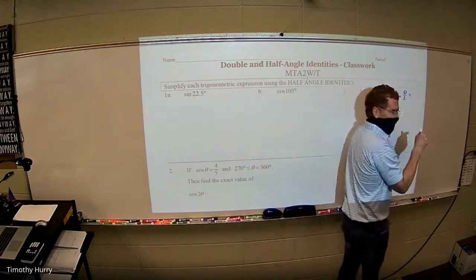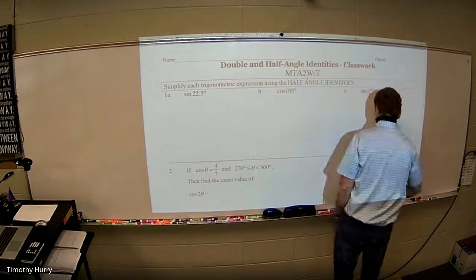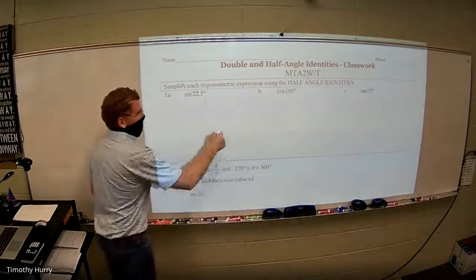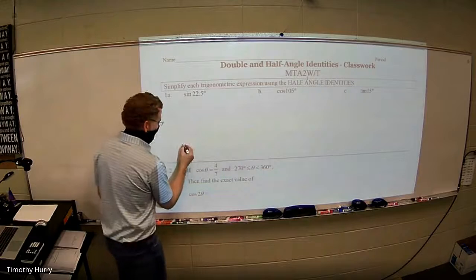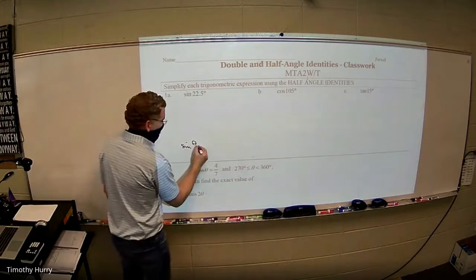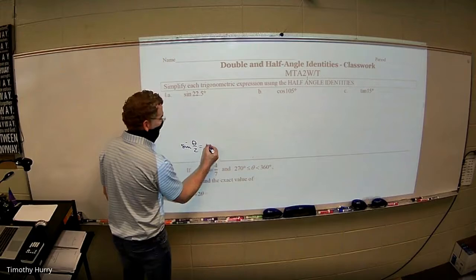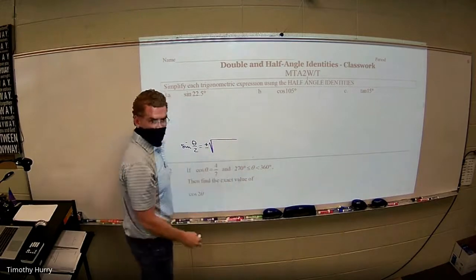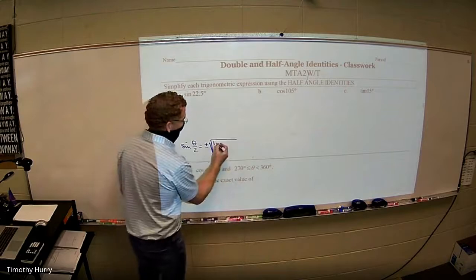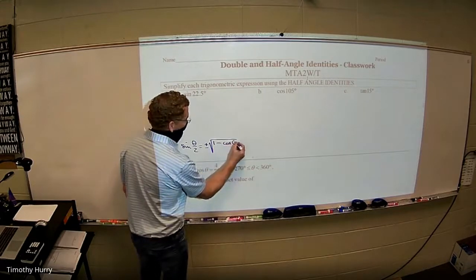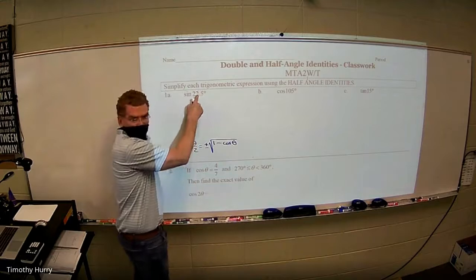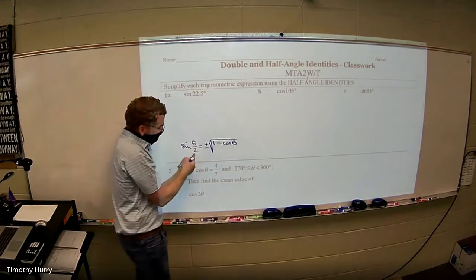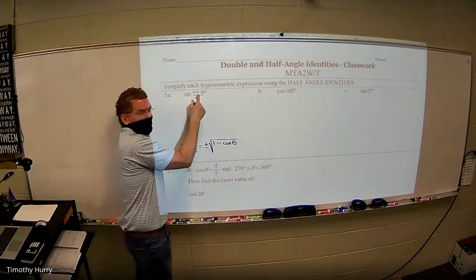You're going to write on your quiz tomorrow, too. I'll write them over here under each one. The half angle identity for sine, on your quiz tomorrow, you're going to write either plus or minus the square root of, and then you end up getting 1 minus the cosine of not this angle, but the angle that I divide by 2 that gives me that angle.